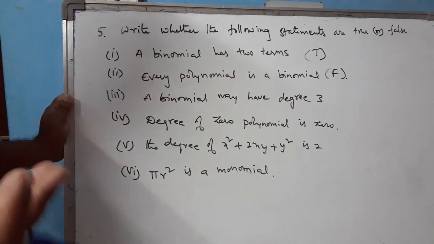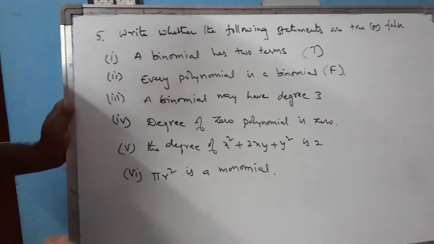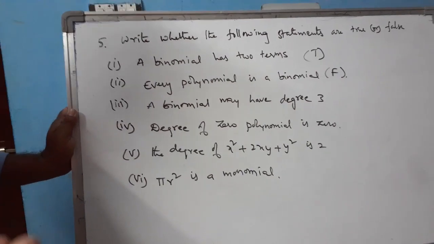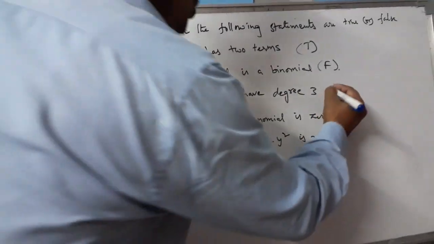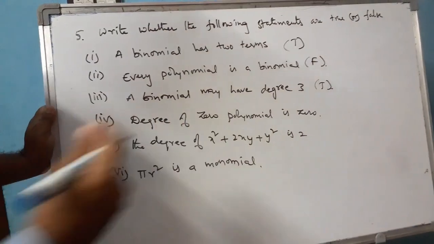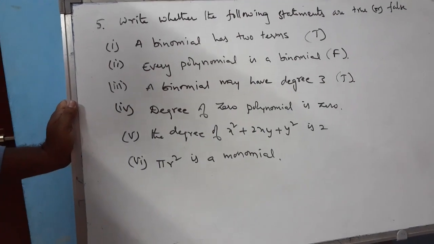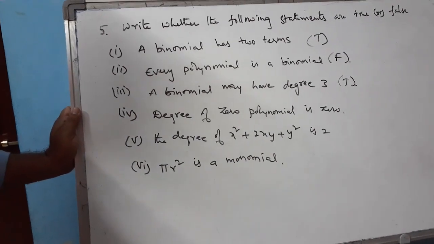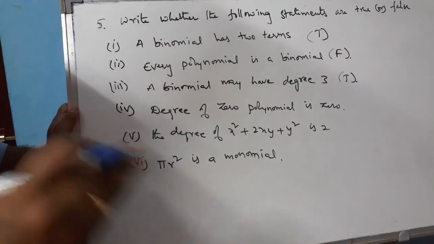A binomial may be a quadratic, that means degree 2. A binomial may have the degree 3 also, that is cubic. So it is true. So third one, the degree of the zero polynomial is 0. It is correct. According to the types of the polynomial, degree of the zero polynomial, it is 0.